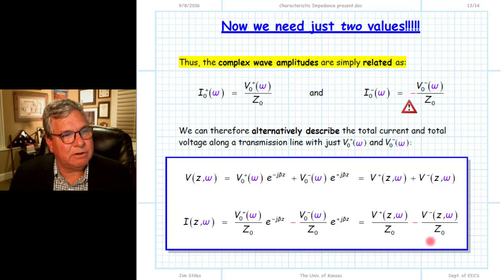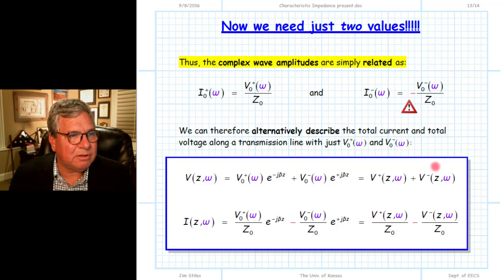And of course, then we can write that in terms of the plus wave voltage. Again, this is in terms of the wave amplitudes, a constant with respect to position. These are in terms of the wave voltage functions with respect to position Z. Again, it's the same thing, just using the definition of V plus here to write it in this form.